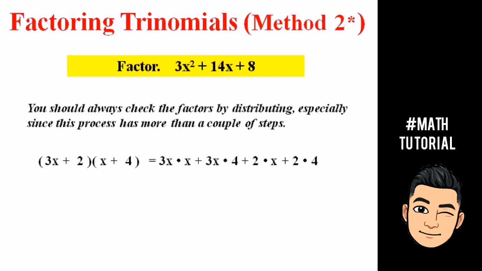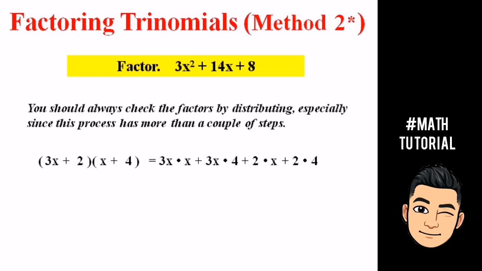Using the FOIL method, you have the first term 3x times x, and then you have the outer term 3x times 4, and then you have the inner terms 2 times x, and you have the last term 2 times 4. And then you just multiply and combine like terms. You have 3x times x, that is 3x squared.